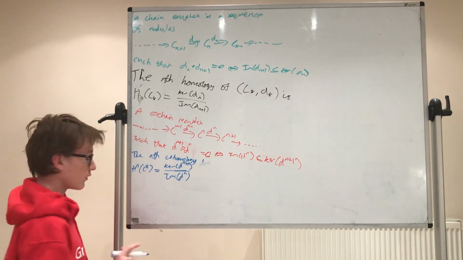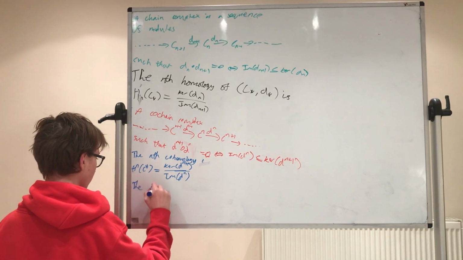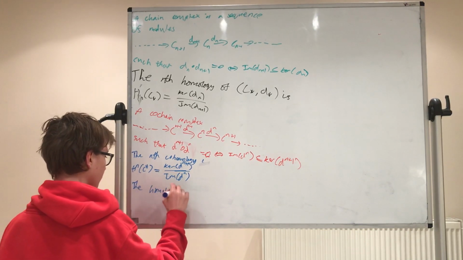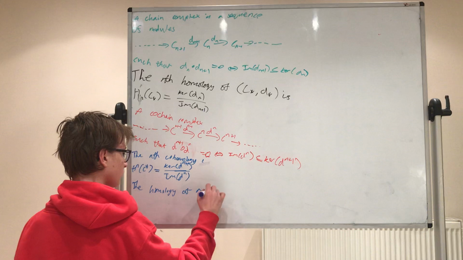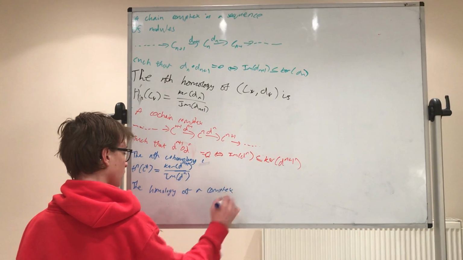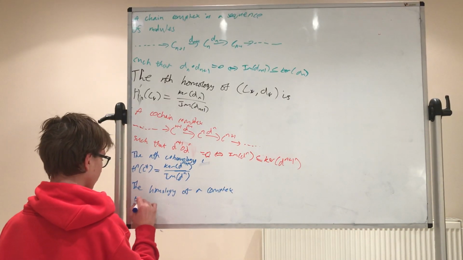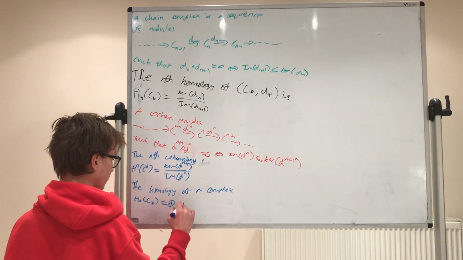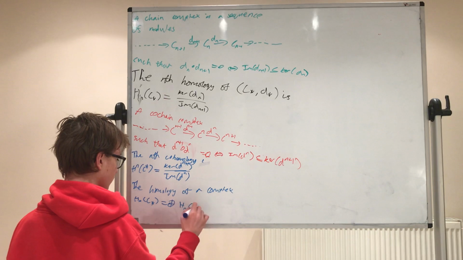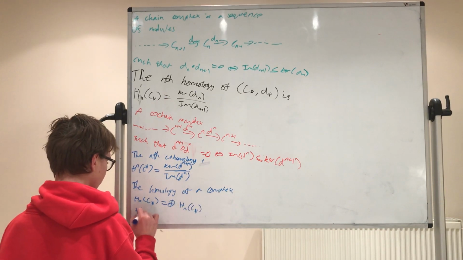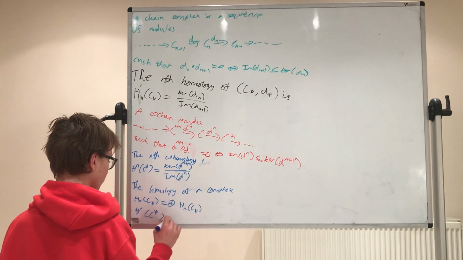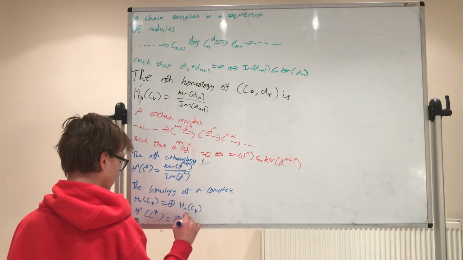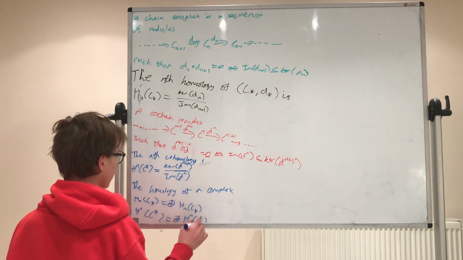Now, the homology of a complex is defined as just the direct sum of all of the homology groups, and the cohomology is defined as the direct sum of all the cohomology groups. I didn't write that down, but you know what.